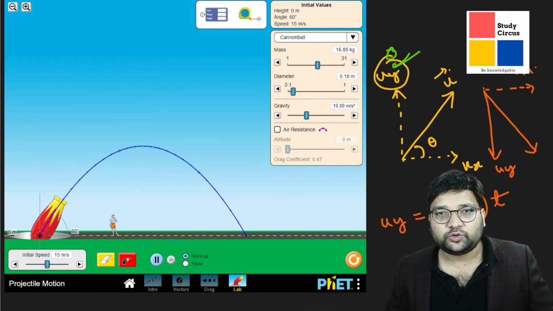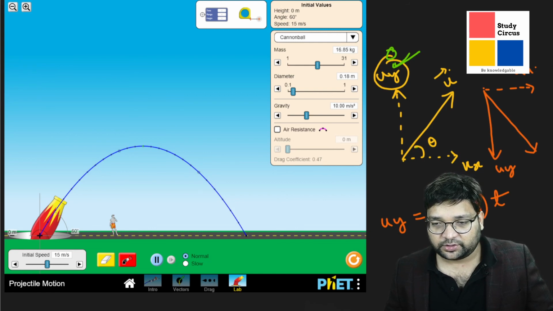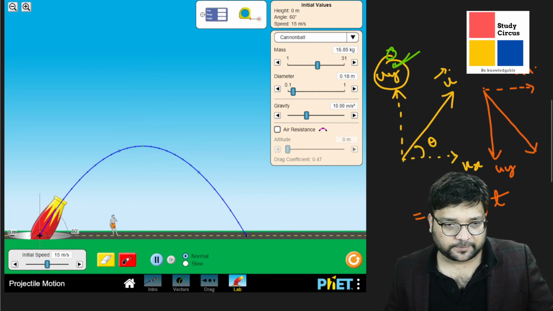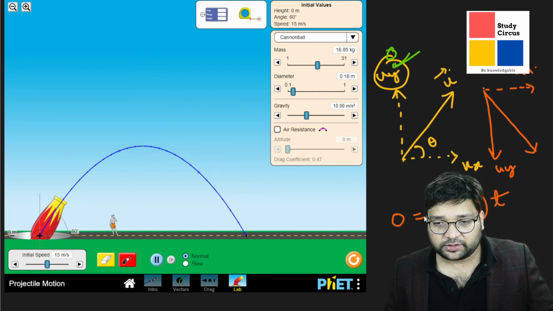So v is equal to u plus at formula. Here at is minus g. Sorry, I have written it wrong, it should be zero here. So the final velocity is zero. v is equal to u plus at, so that gives you the time to reach the maximum height as uy upon g.